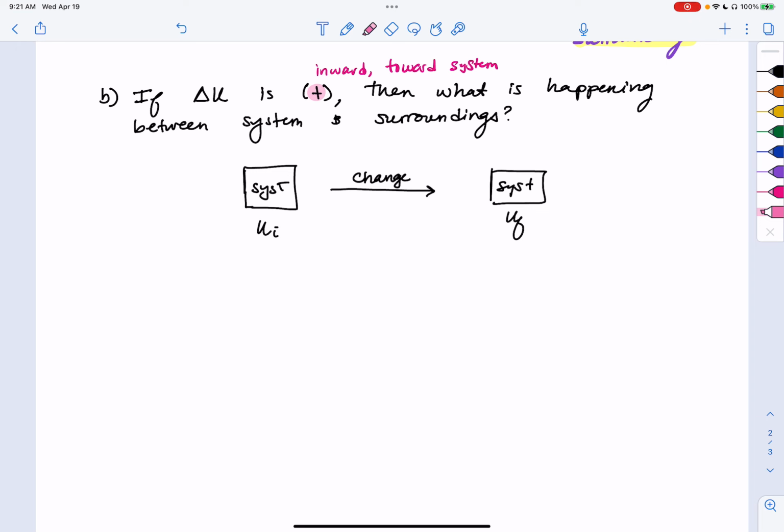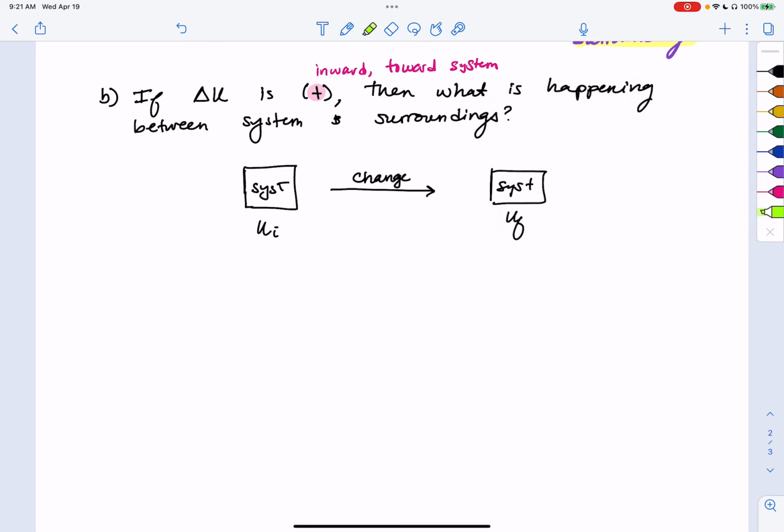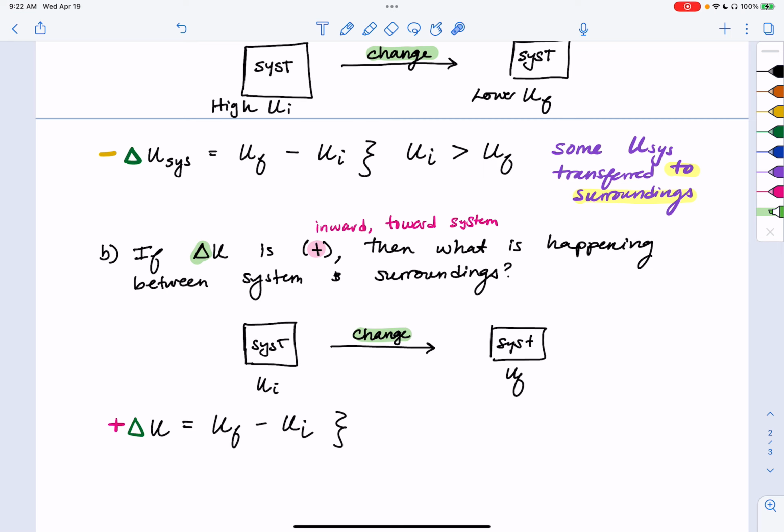So let's think about how our change in total internal energy, delta, so change in total internal energy of our system, which is always final minus initial, could be positive. Like, when is this true? So this is the opposite case of when the change in our total internal energy was negative.